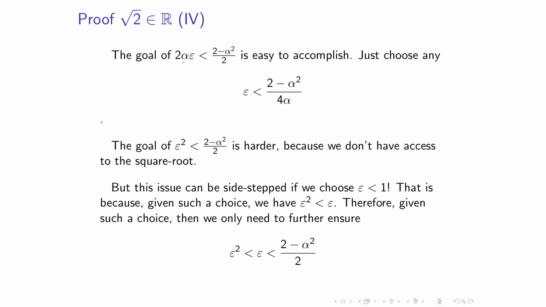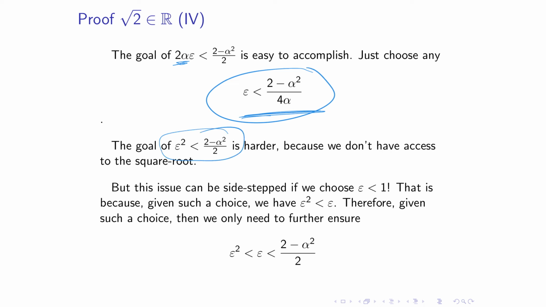And therefore, we can divide throughout by 2 alpha, and it preserves the direction of the inequality. So then all we have to do is pick an epsilon that is like this, which we'll see in a little while is not at all hard to do. This is practically a solution for epsilon, so that's not the hard part.